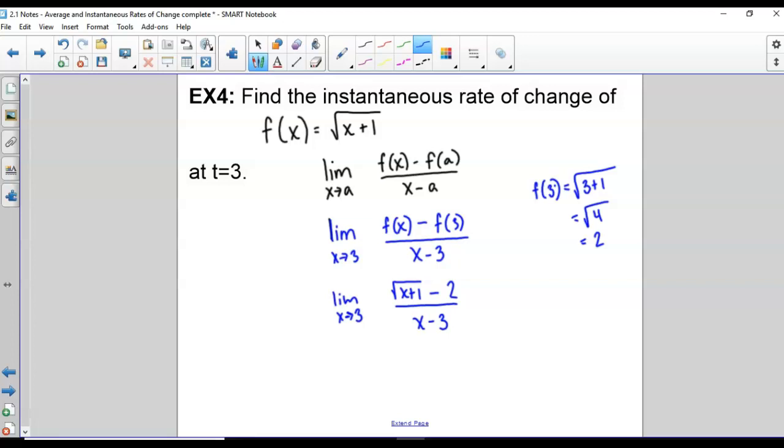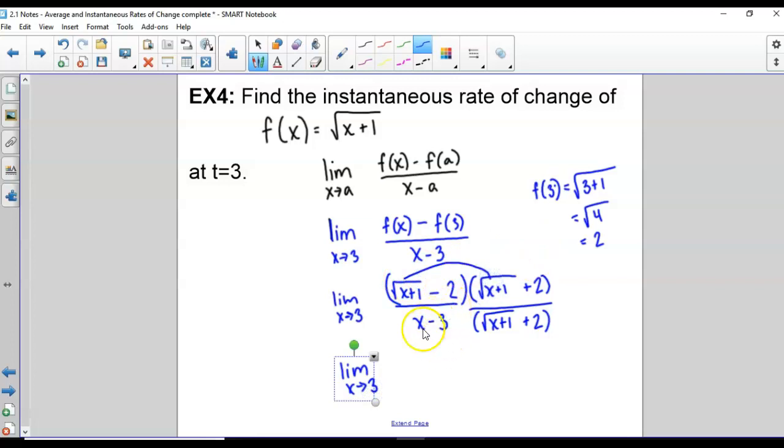So what do I have to do to solve a limit that looks like this? We will rationalize, in this case, the numerator. So we have to multiply by the conjugate: we multiply by the square root of x plus 1 plus 2 on the top and the bottom. Whenever I do that, I'm going to distribute.